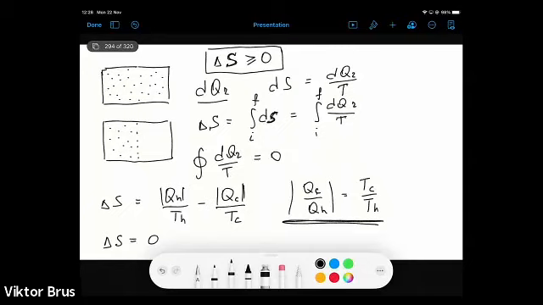So that was the introduction of the concept of entropy, and we should definitely be able to calculate the change of entropy for different processes in ideal gas. So that will be another part of our discussion today.